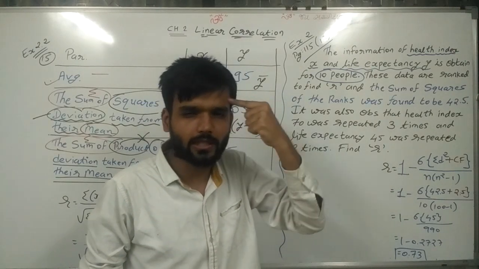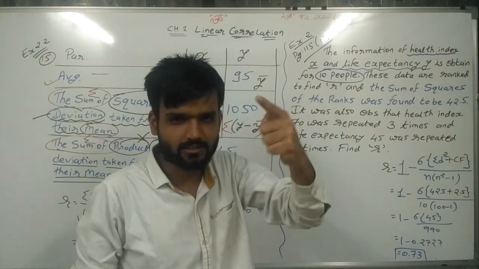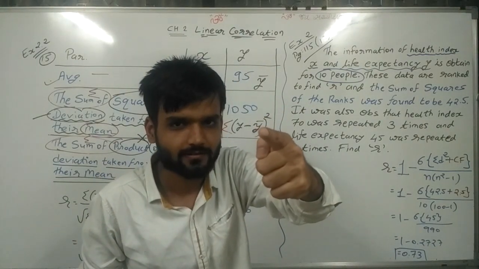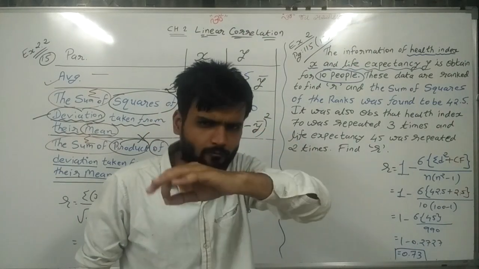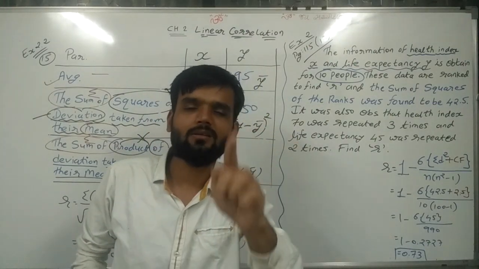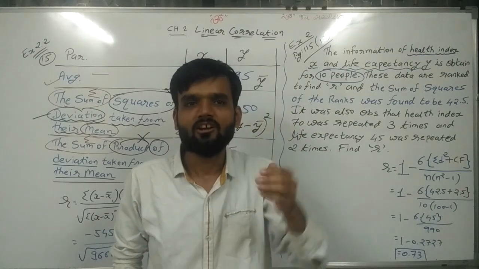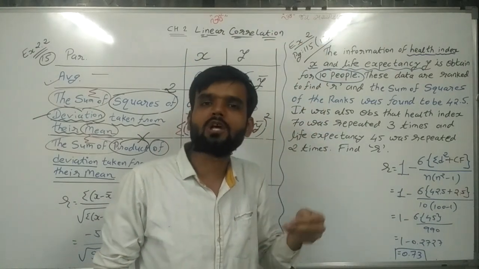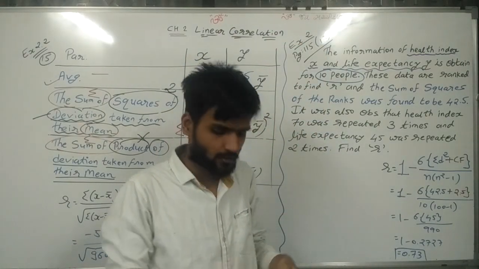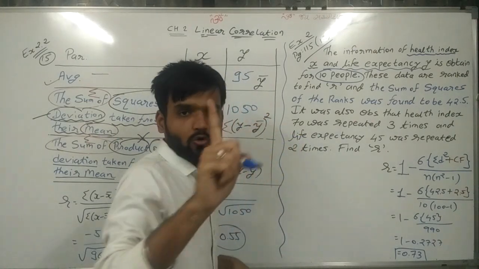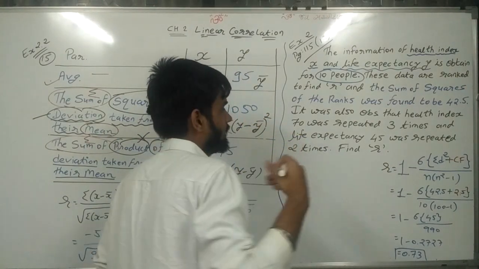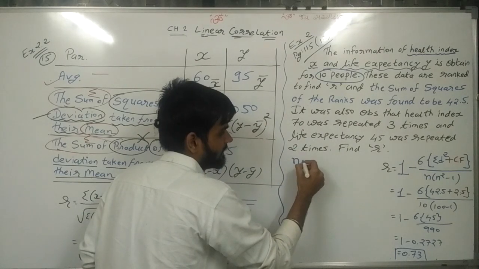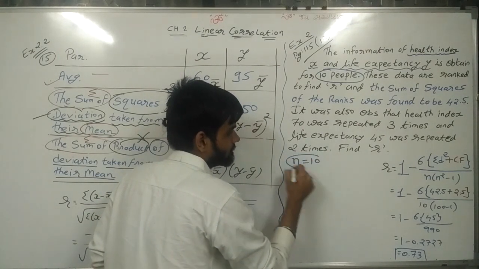Think. What is 10? Some of you know very well: 10 means n, the number of observations. So here one value we have, that is n is equal to 10.